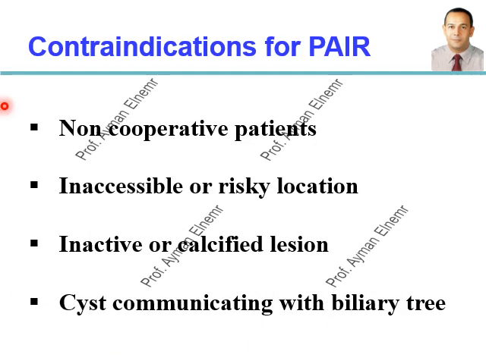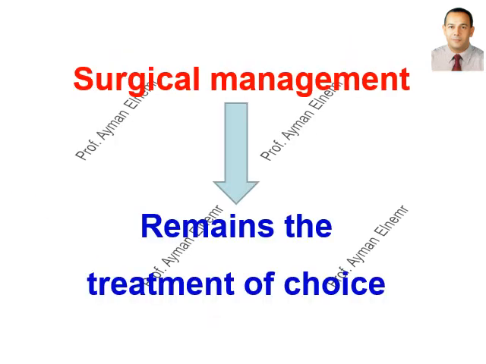The contraindications for the PAIR technique are non-cooperative patients, inaccessible or risky location, inactive or calcified lesion, or cysts communicating with the biliary tree. So when we do the PAIR and during aspiration, if bile comes out, the procedure must be terminated. Surgical management remains the treatment of choice.